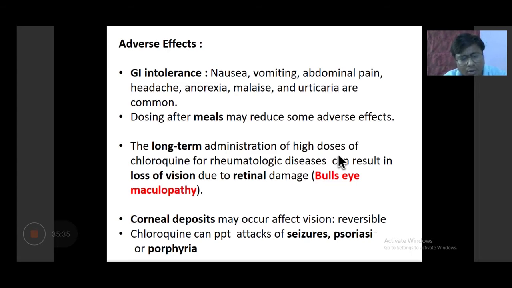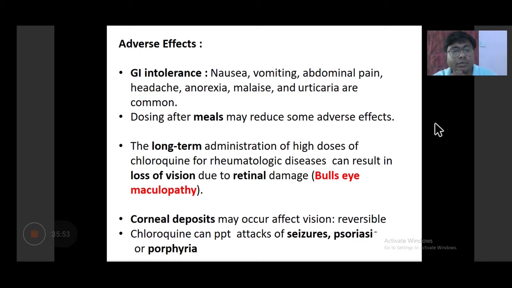So it is always advised that the patient should take antimalarial agents after their meal, just to reduce this GI toxicity.